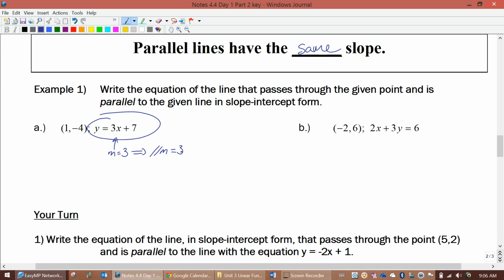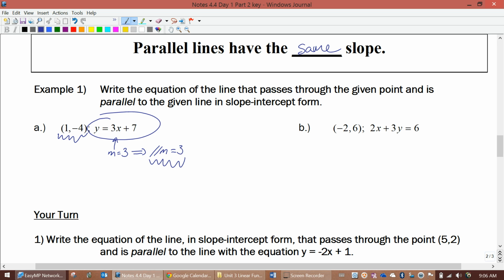So the fact that the original slope is 3 tells us that the slope of the line parallel to that line is 3, and that's what we want. Yes, it's the number 3, but we need to interpret that that is the same as the slope of the other line. So the components we use are the point and our new slope.